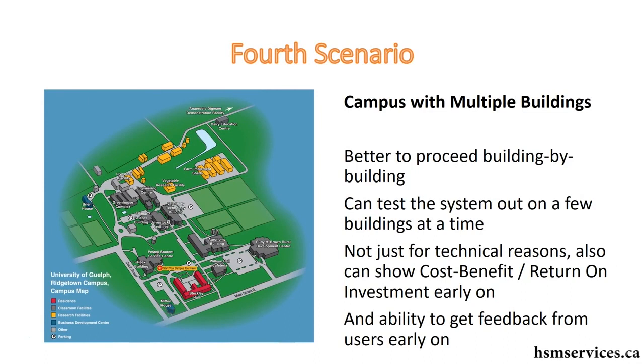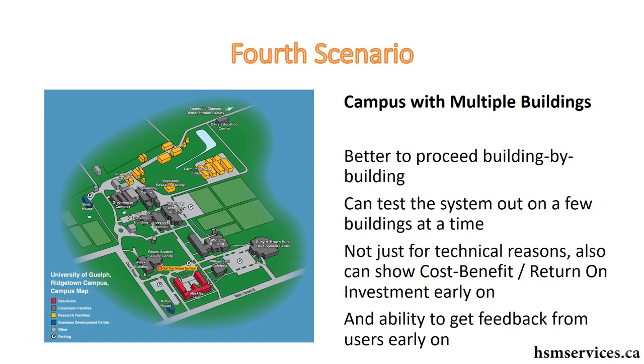And you can proceed building by building. Test it out a few buildings at a time, especially on a corporate campus. That can give you cost-benefit analysis or return on investment. You can take it back to the decision makers and say, hey, this is working or it's not working. We need to make some kind of changes.